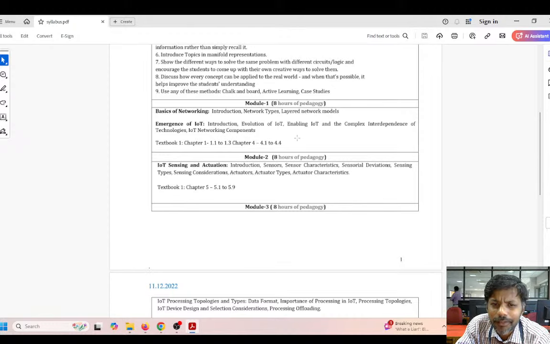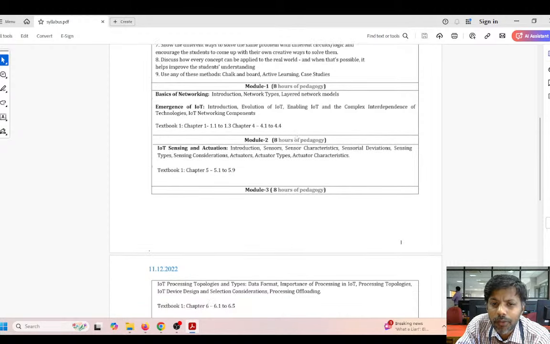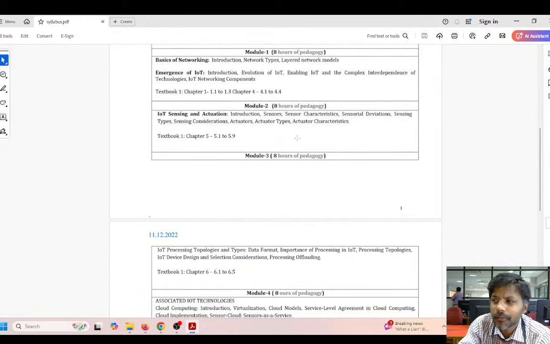We are going to study in the module 1, and in the module 2 we are going to discuss about the sensors and actuators. Basically, the IoT means Internet of Things, means internet will be connected to the things means it will be microcontroller chips, and it can be sensors, actuators, wherever we want to do the automation, that part will be called as a things. And to do this automation, basically we will be making use of sensors and actuators.